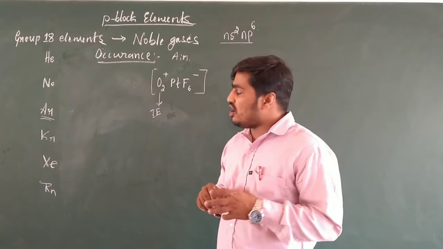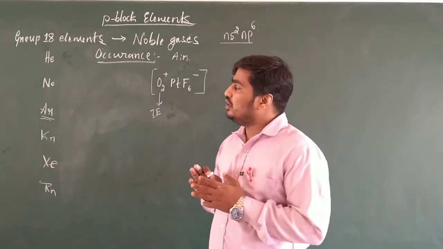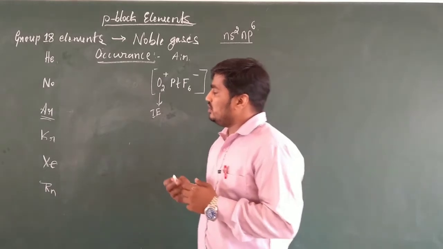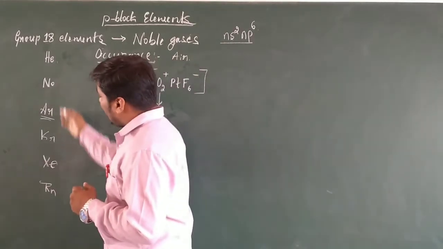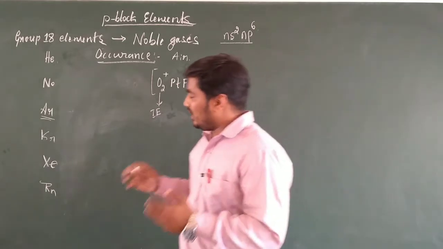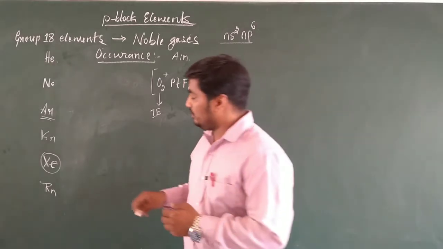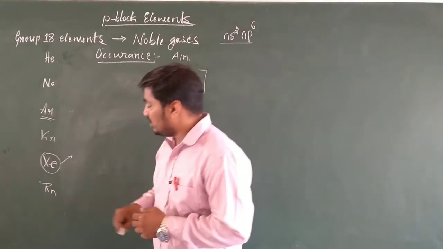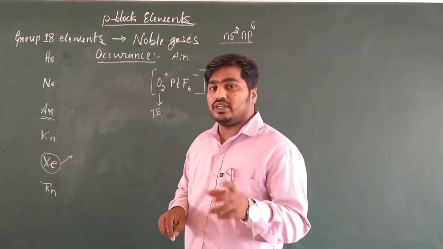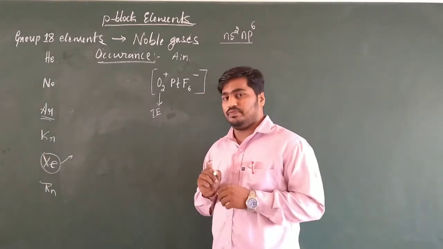Based on the ionization enthalpy of oxygen in this compound, he observed the ionization enthalpy of the noble gases also. At that time, he observed one very important thing: the ionization enthalpy of xenon is also very near to that of oxygen.